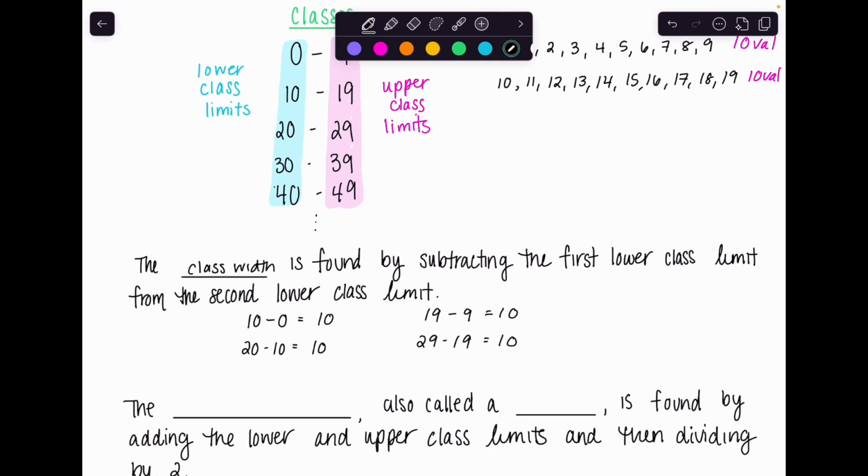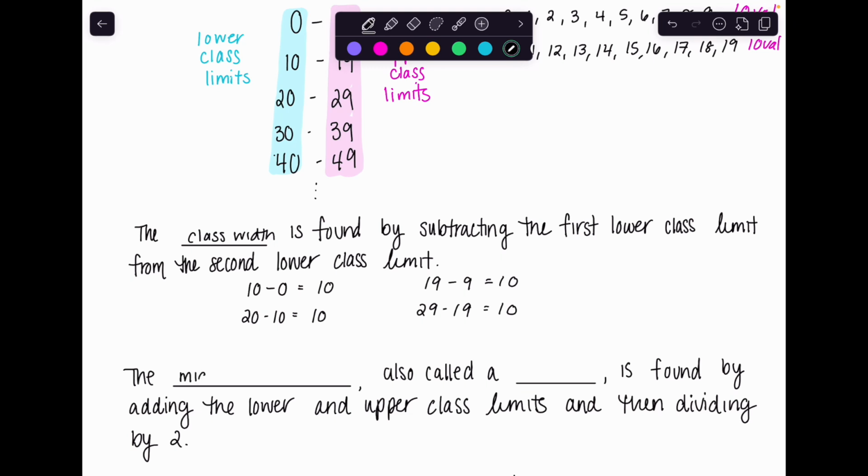The next important identifier for a class, because maybe I don't want to write the full range in there, is called the midpoint of a class, which is also called a class mark.